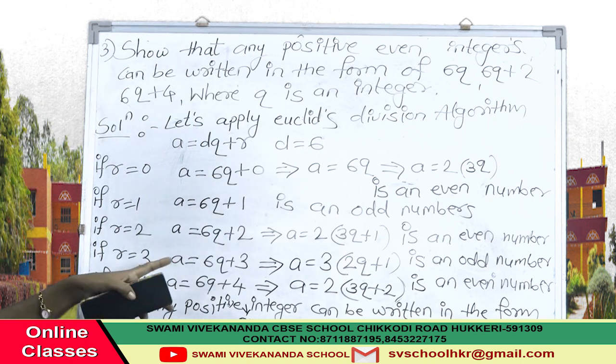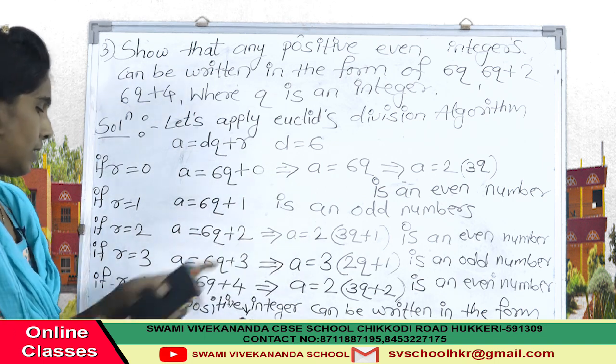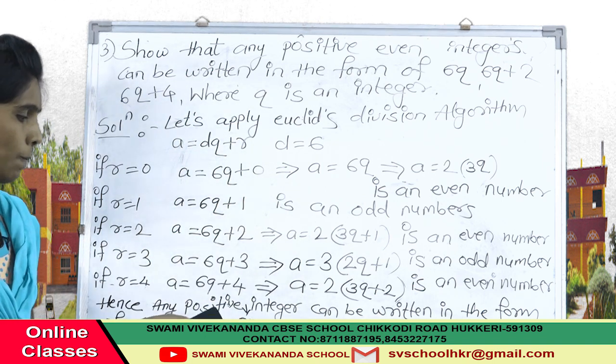We showed that any positive even integers can be written in the form of 6q, 6q plus 2 and 6q plus 4.